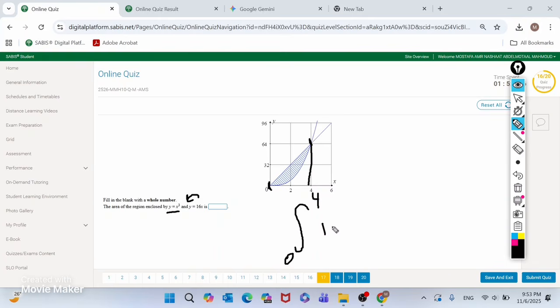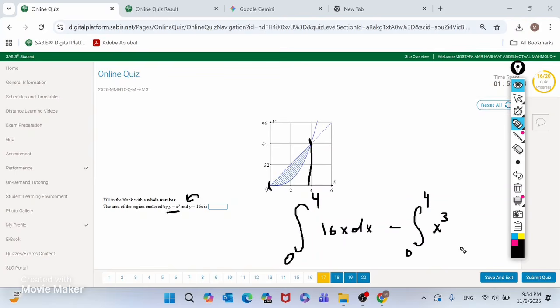So the integral of 16x dx minus the integral from 0 to 4 of x cubed.